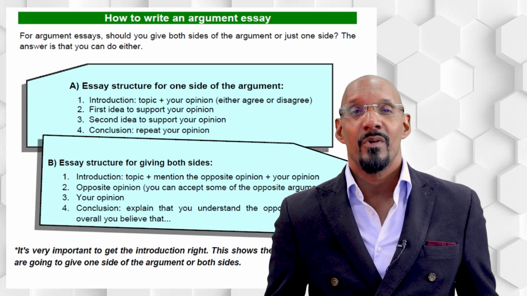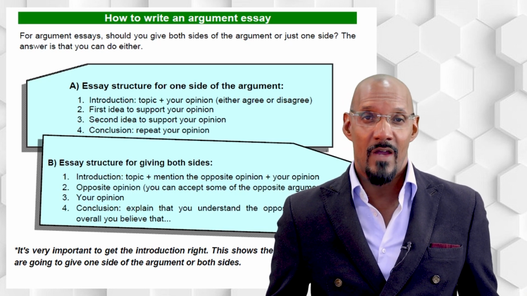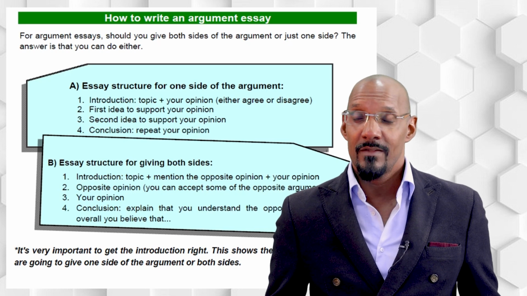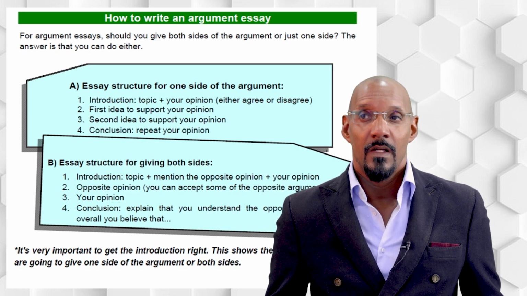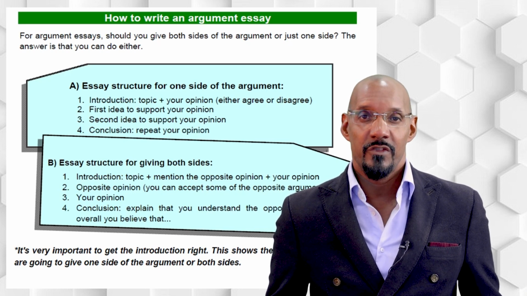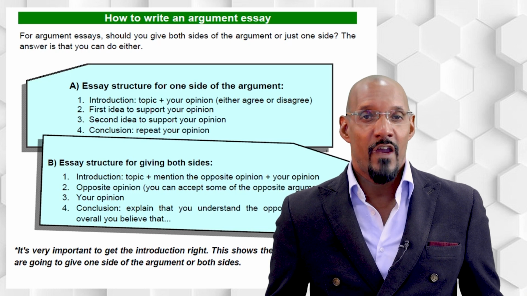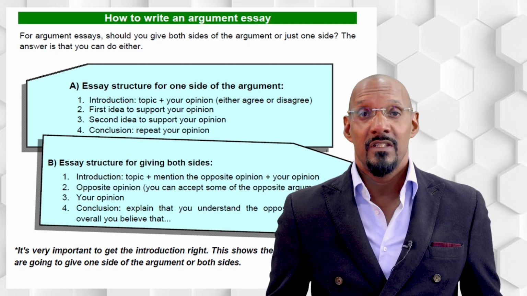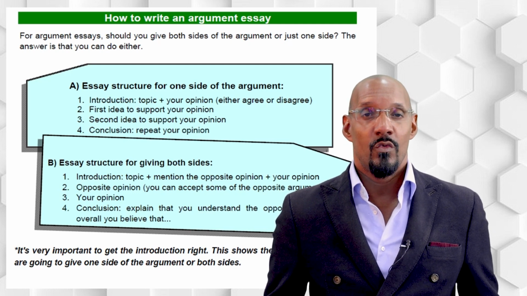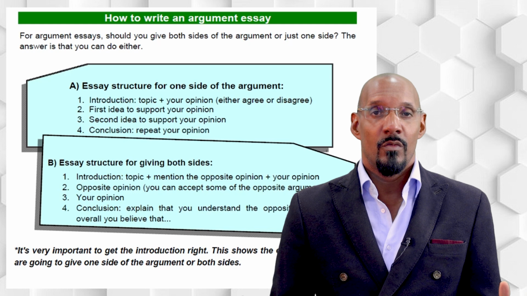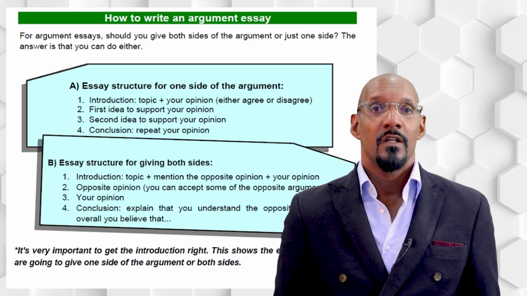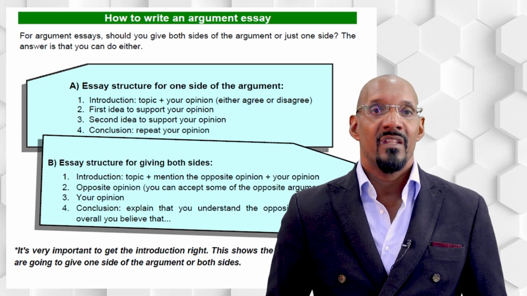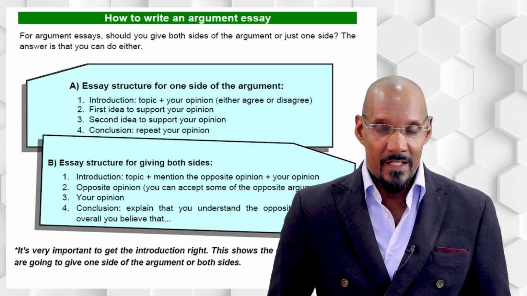Think of each number as a specific paragraph. So number 1 is paragraph 1. Number 2 is paragraph 2. 3, paragraph 3. 4, paragraph 4. Remember, you have 250 words minimum, so you need to cover the word limit through not only the vocabulary, but the number of paragraphs that you write.